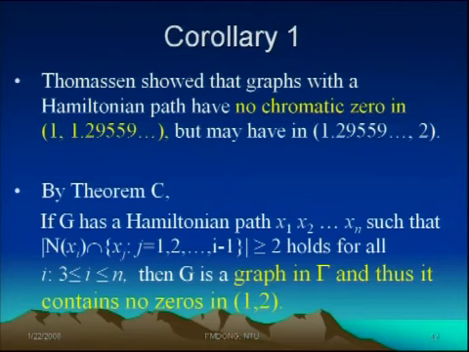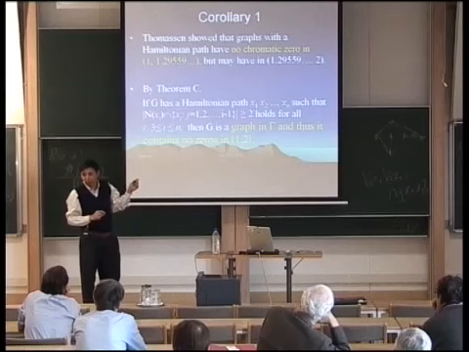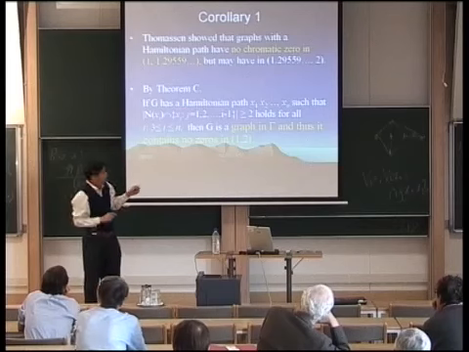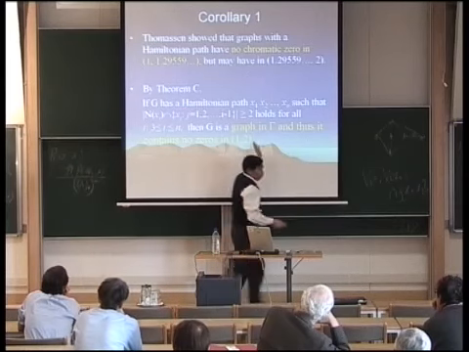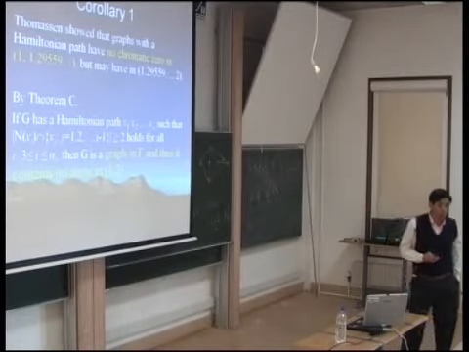Suppose S1, S2, up to Sn is a Hamiltonian path, and every vertex has two neighbors before it. For example, S3 has two neighbors S1, S2, and S4 has at least two neighbors among S1, S2, S3. Under this condition, we can guarantee this graph has no zero between 1 and 2 because it belongs to gamma.